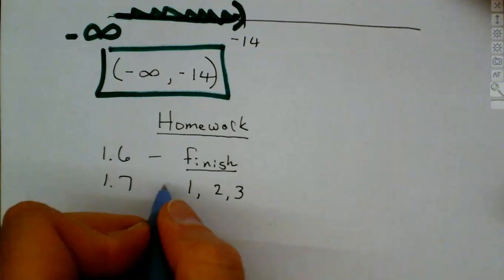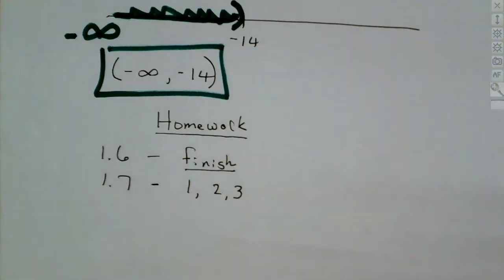But you can at least try to do those first 3. They're very easy. If you've got 1.5 finished, you can turn it in. If you need more time to finish 1.5, turn it in on Thursday. So if you've got 1.5 finished, I'll take it today. If you want to wait and turn it in on Thursday, you can do that on Thursday.